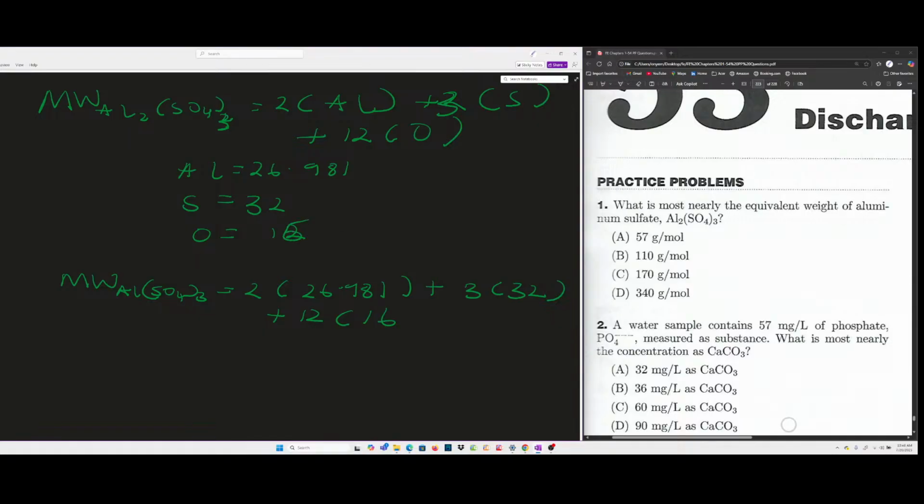This is meant to be 16. I think something was off. So the molecular weight of Al2(SO4)3 equals 2 multiplied by 26.981 plus 3 multiplied by 32 plus 12 multiplied by 16. When we do all this, we're going to have approximately 342 grams per mole.